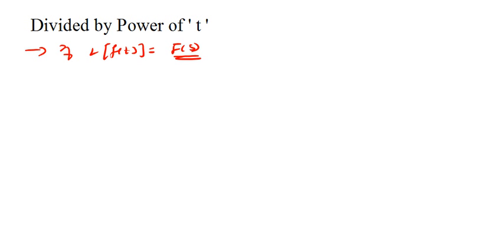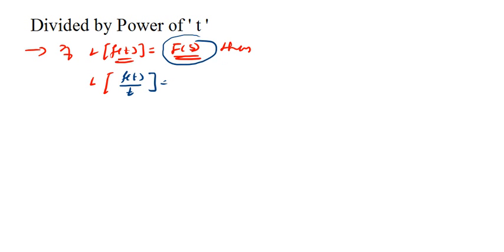Then if you divide this f of t by a power of t, suppose I divide it by t raised to 1, then there will be some change in this f of s.